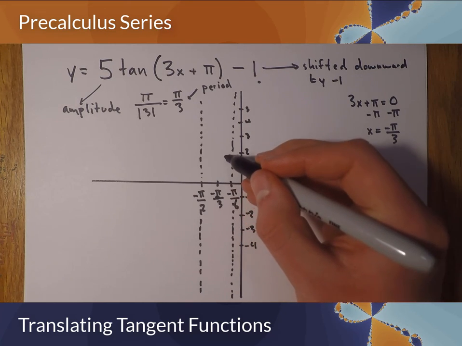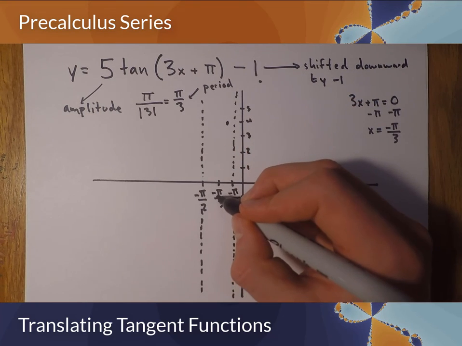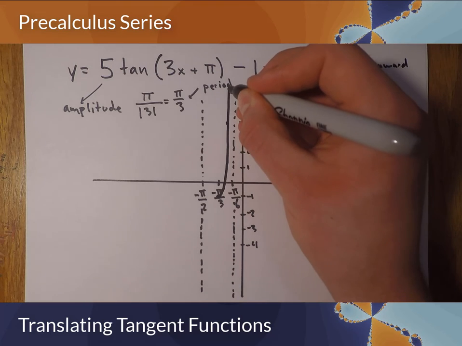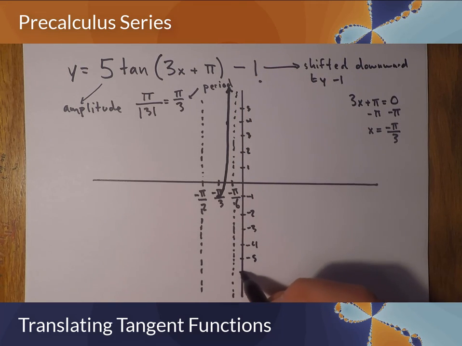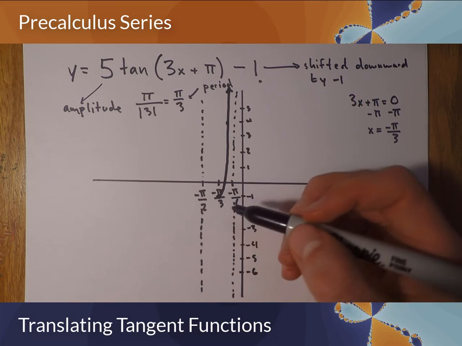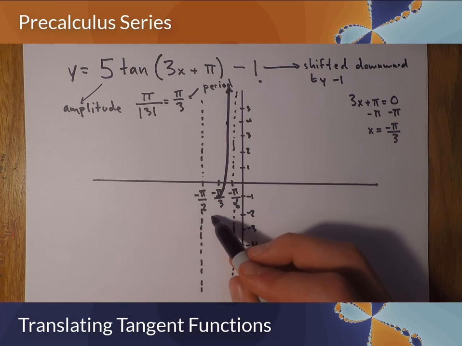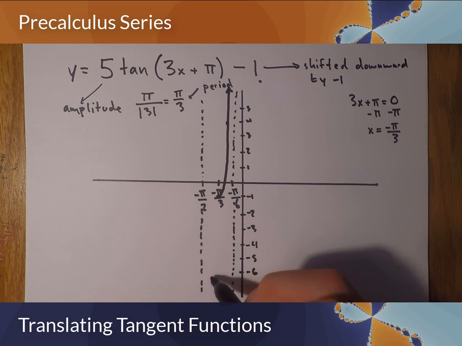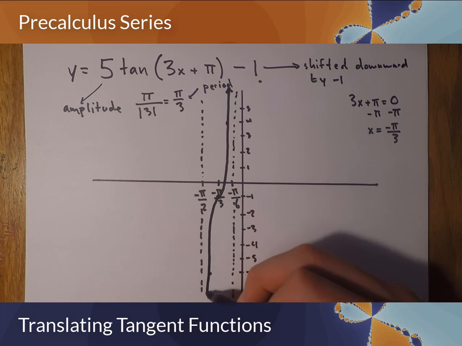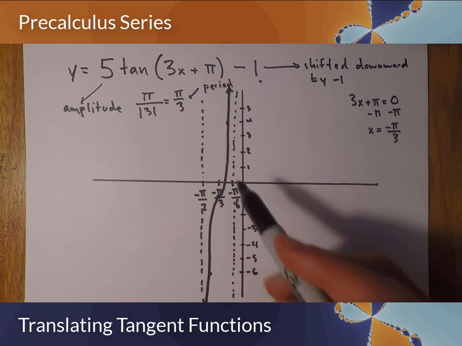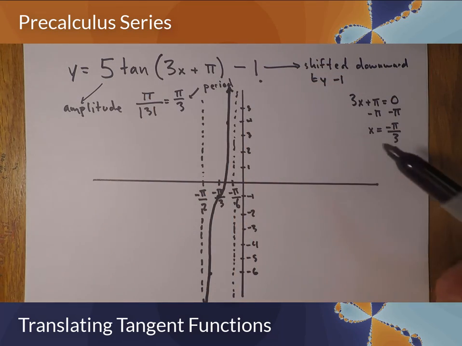So 1, 2, 3, 4, 5. So here's this half of it, and same thing down here. It's going to go 5 in this direction, so 1, 2, 3, 4, 5, and it's scaled up by 5. So here we go. And voila! Here's your function, 5 tangent of 3x plus pi, minus 1.